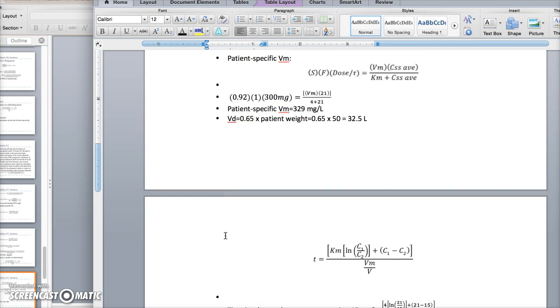All that to say that the order of calculation for the time of decline is: you make the fraction of C1 over C2, take the natural logarithm of that fraction, multiply by Km, and then add the difference between C1 and C2, divided by Vm over Vd. Hopefully that order of calculation is clear to you.